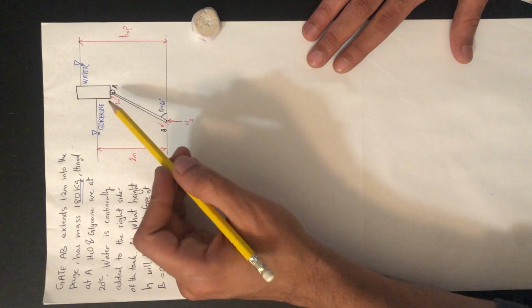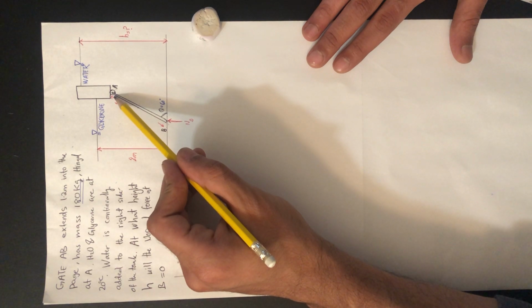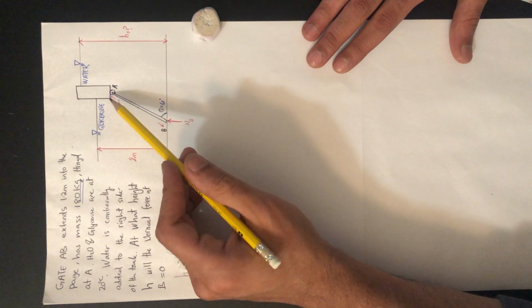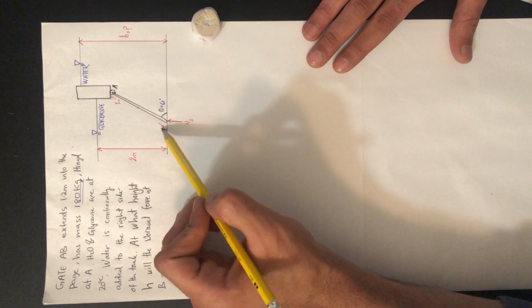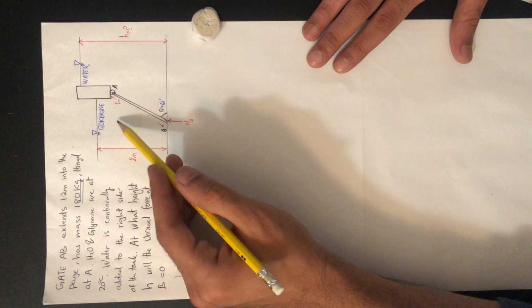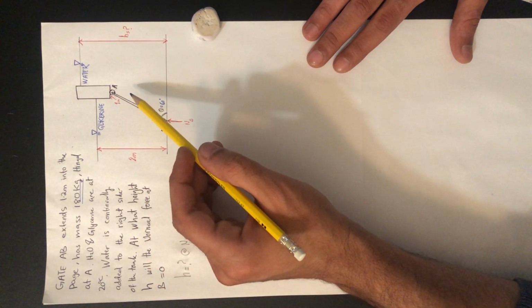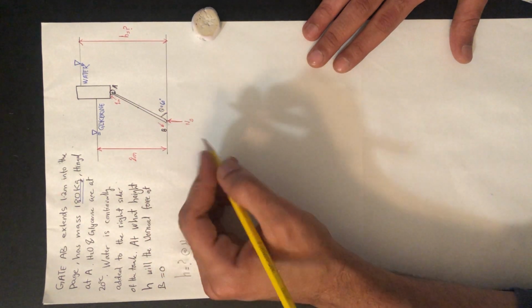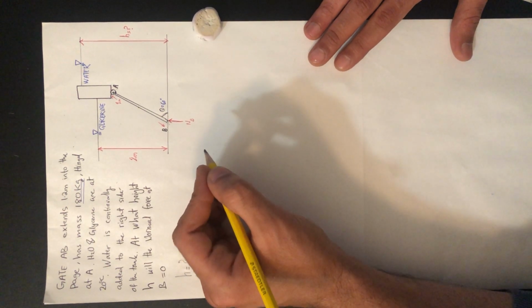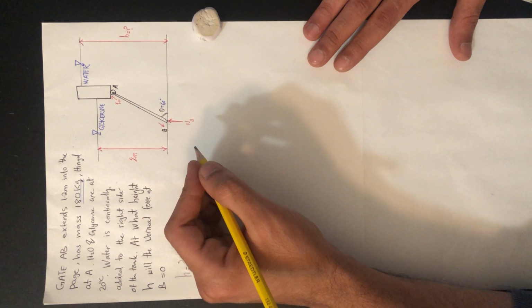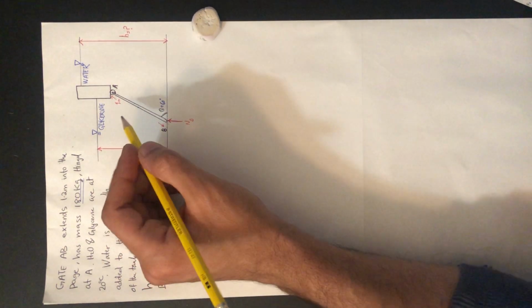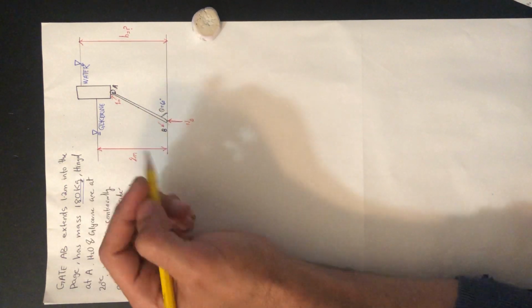So we will have a pressure distribution acting along this entire gate or the entire surface, caused by the glycerin, and we have another one caused by the water. We will look more into the pressure distribution in a moment.